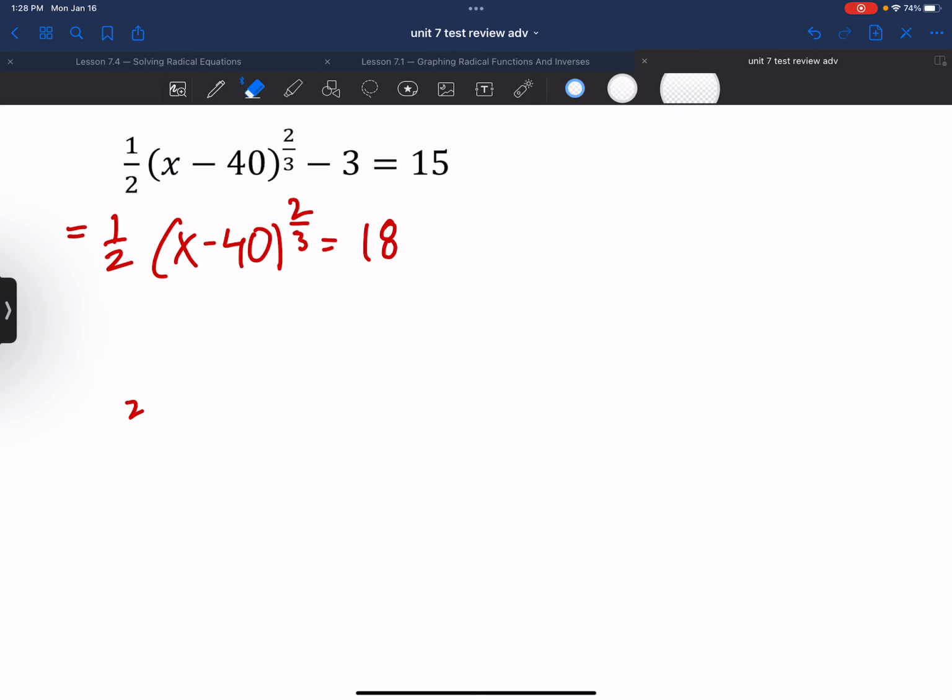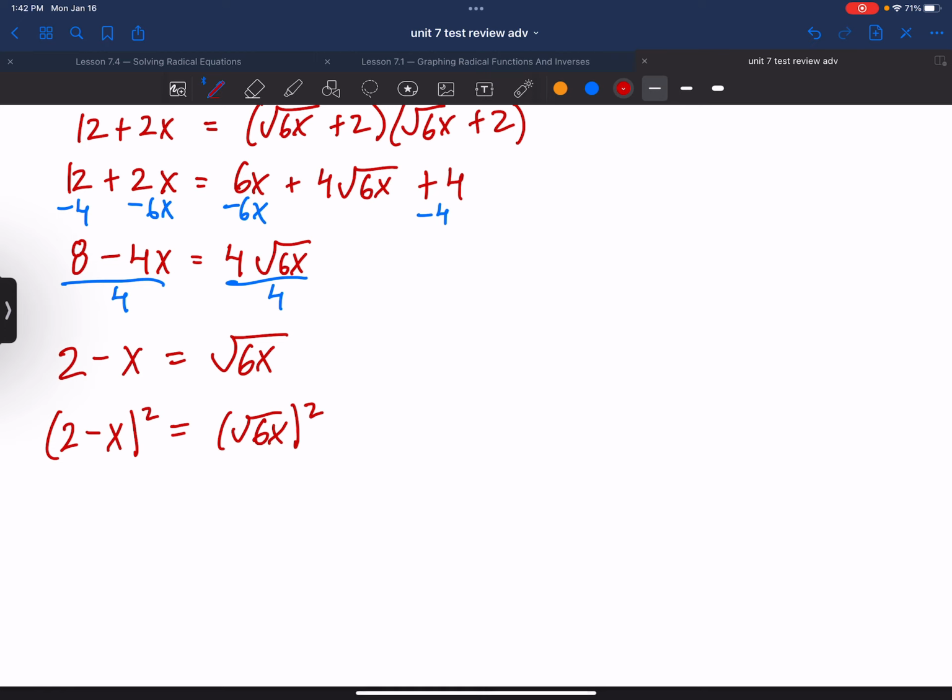And then I'll divide by 4, yielding 8 over 4 is 2 minus 4 over 4 is 1, so it's 2 minus x equals root 6x. And now you can square both sides again. So you see, we isolated one radical and squared, and then we still have a radical, so we have to isolate again, square again.